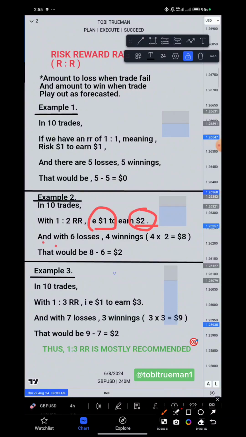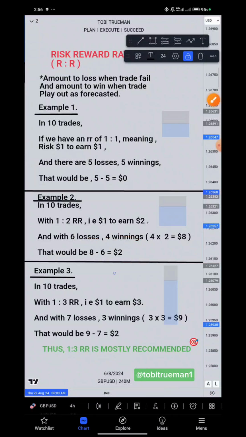For example, with 6 losses and 4 wins, we lose $6. When we win, each of those wins is going to be 2, so since we are winning 4, we multiply 4 times 2, meaning that we are going to have $8.